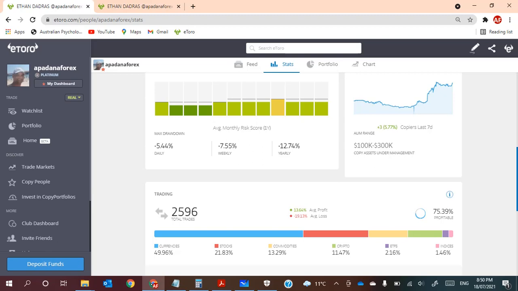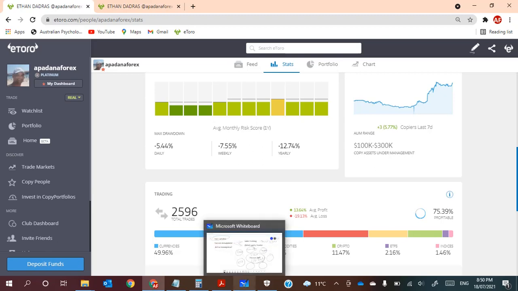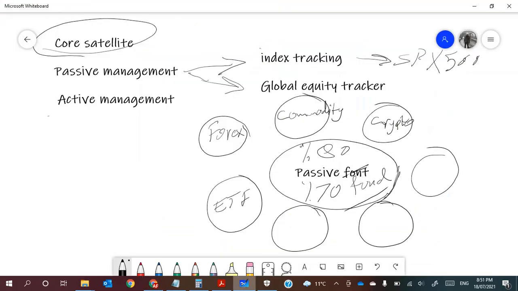So the main thing is, in this investment management system, you combine two types of management, active and passive.